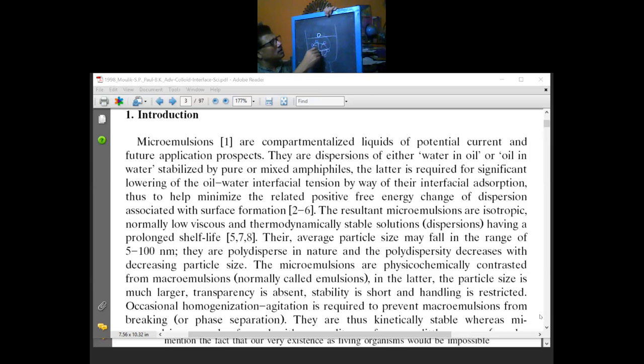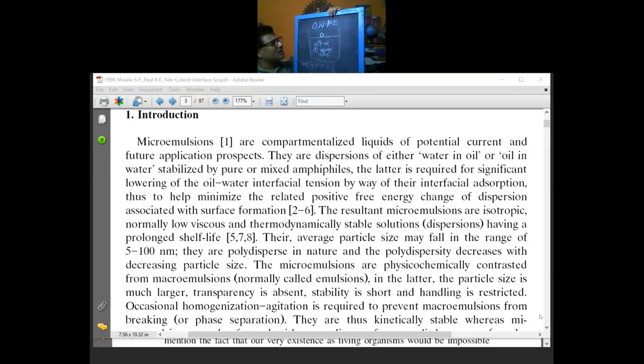This oil droplet, under mild agitation, can be incorporated into the core of the micelle. In a similar fashion, I can disperse oil in water. And if the dimension is in the microemulsion range, then I will call it an oil-in-water microemulsion. This is the standard way to differentiate. This is an oil-dispersed-in-water microemulsion.